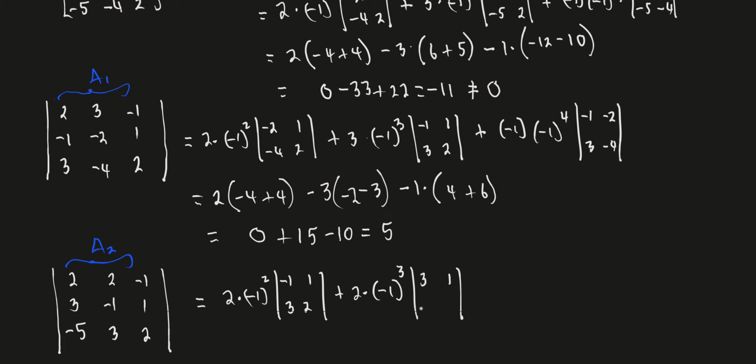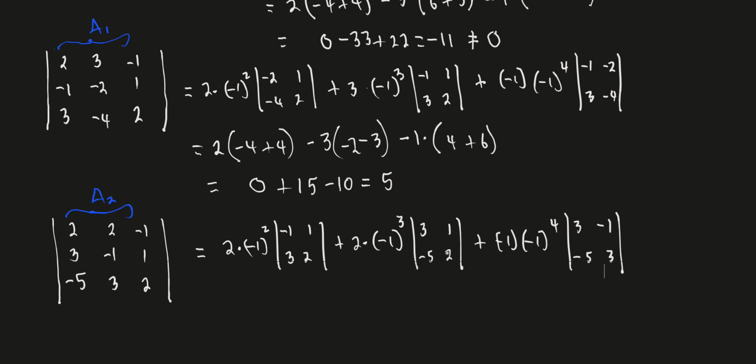And then plus -1 times -1 to the 4th power, and then that minor is 3, -1, -5, 3.